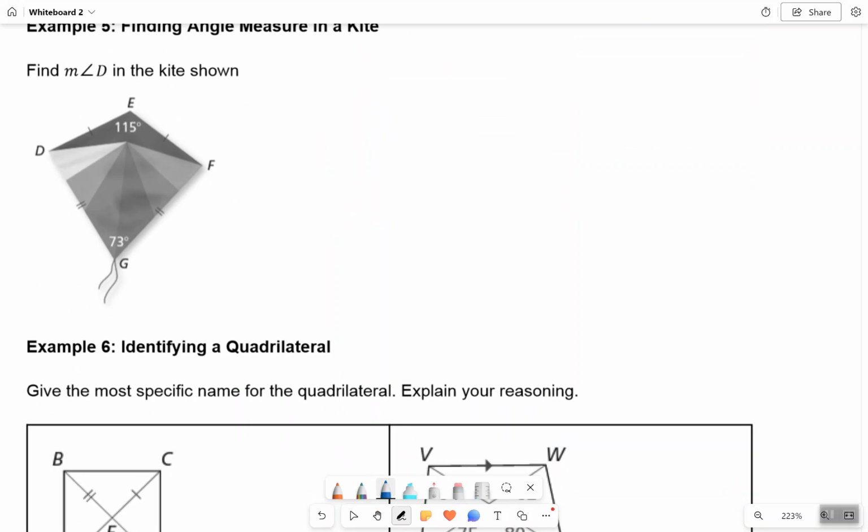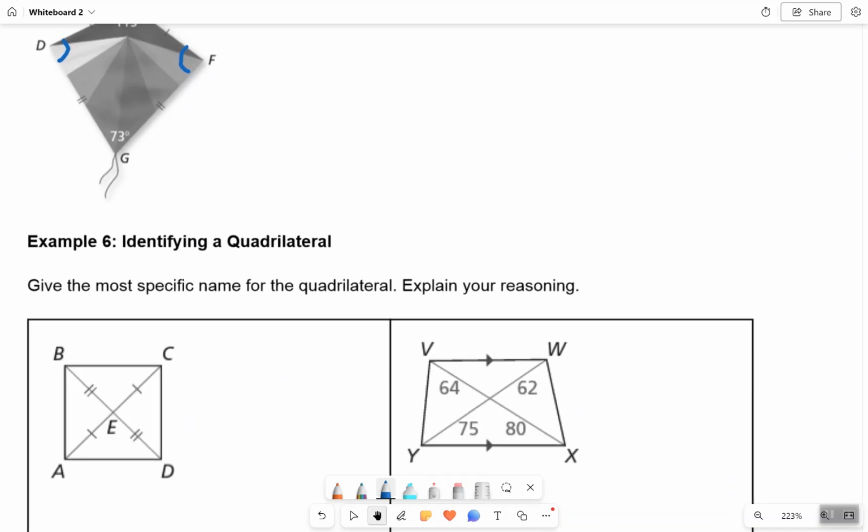Okay. What two angles have to be the same in here? D and F. Okay. You know a four-sided figure is going to add up to how much? Okay. So what must be true?